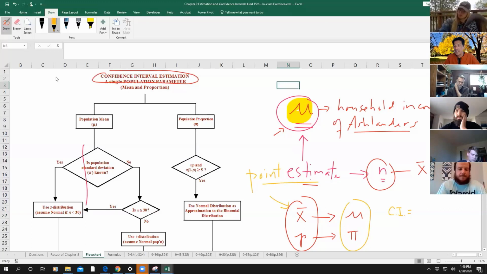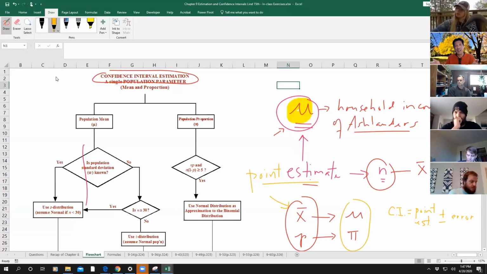So an interval estimate is where you add to the point estimate, or subtract, what is known as a margin of error. Okay, so for example, I want to say, hey, you know what? I computed X bar as $50,000, give or take, or plus or minus, say $5,000.